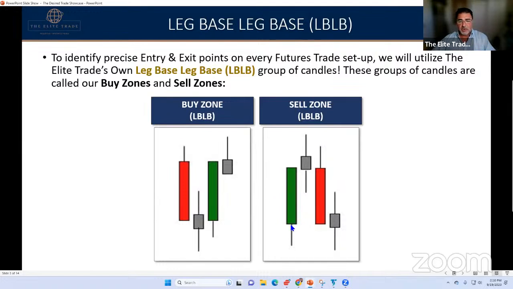For supply, we're looking for a leg in that is green. Base candles can be any color, and a leg out that is red. The first base candle after the leg out is where we'll place a proximal line, and then we'll have a distal line that'll go up on the top, which marks the boundary of where we're looking for price to return to.